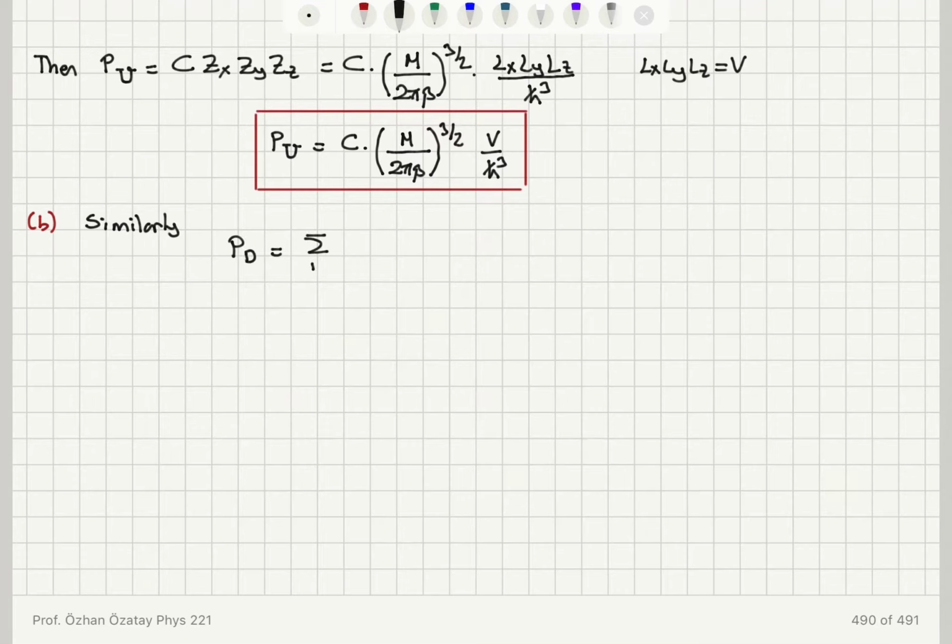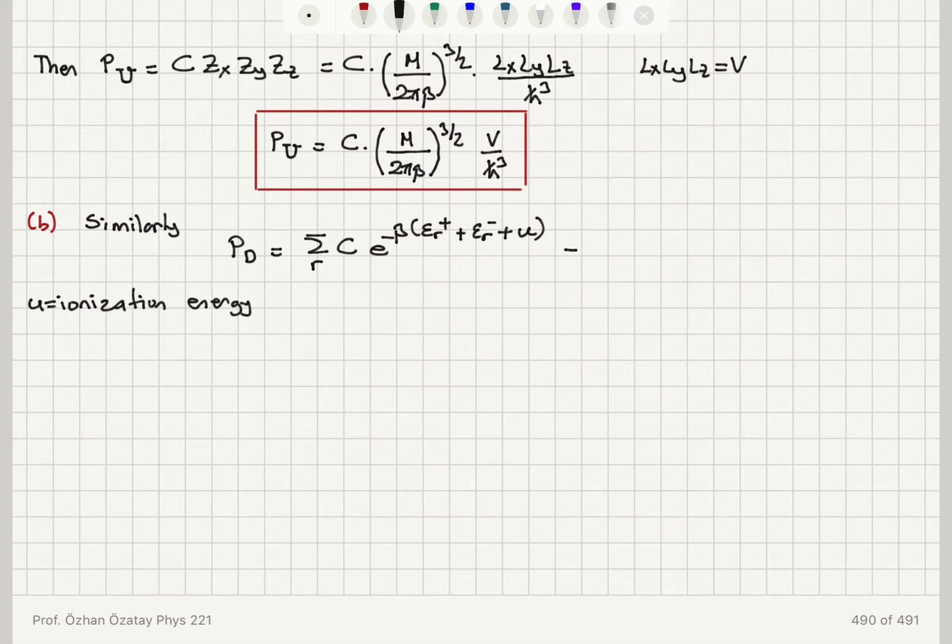That will be a summation over all quantum states where I have e to the minus beta epsilon r plus epsilon r minus, and the u was the ionization energy here. It's not the u I used in the previous part.